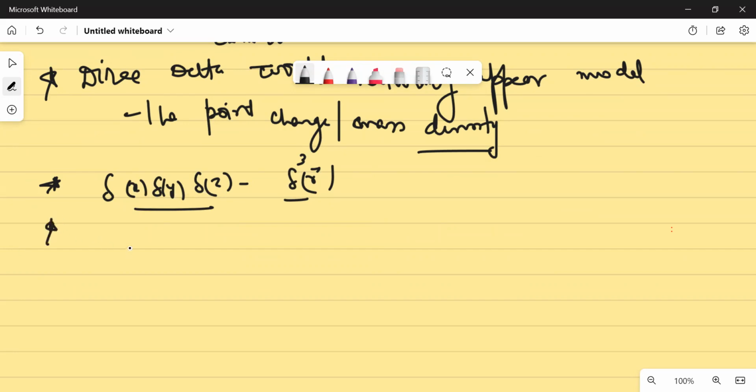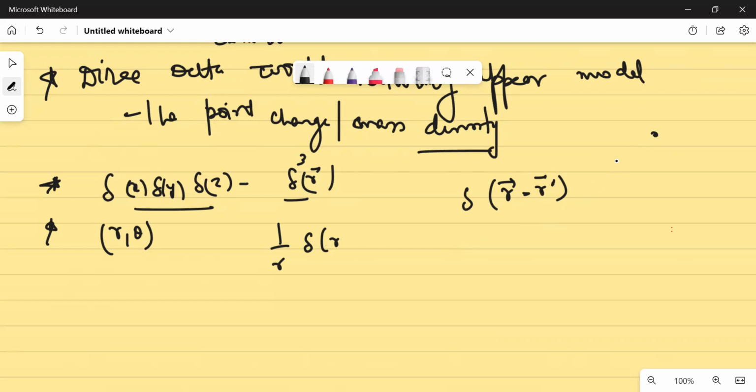Instead, if you have r comma theta, the polar representation, then you will get 1 over r times the Dirac delta. And if I'm writing my Dirac delta function at r vector minus r dash vector, so basically I'm stationing it at r dash, then what will it be equal to?